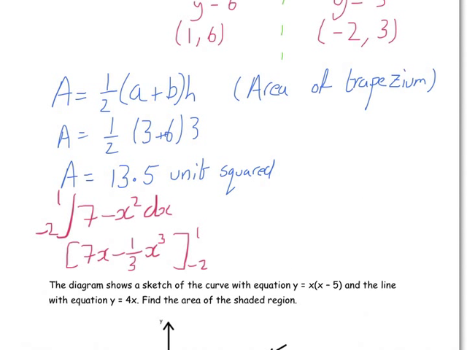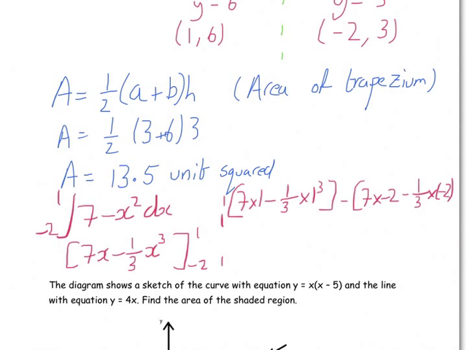If we substitute in that 1 and minus 2, we're going to get the following. We'll have 7 times 1 minus a third times 1 cubed, minus 7 times minus 2 minus a third times minus 2 cubed, which when we sort out, we end up with 18.